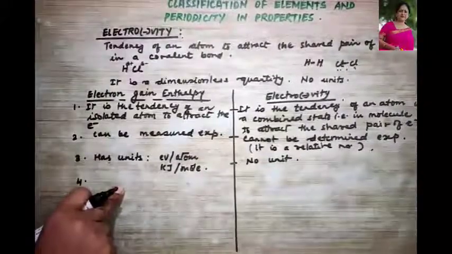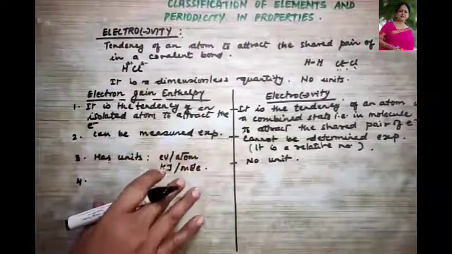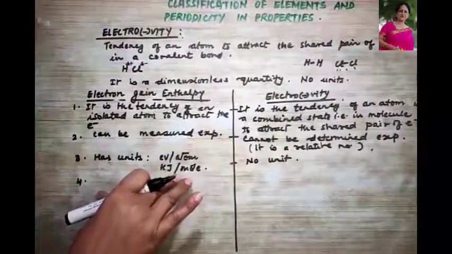What is the fourth point of difference between the two? Electron gain enthalpy is a constant quantity for a particular element, right?